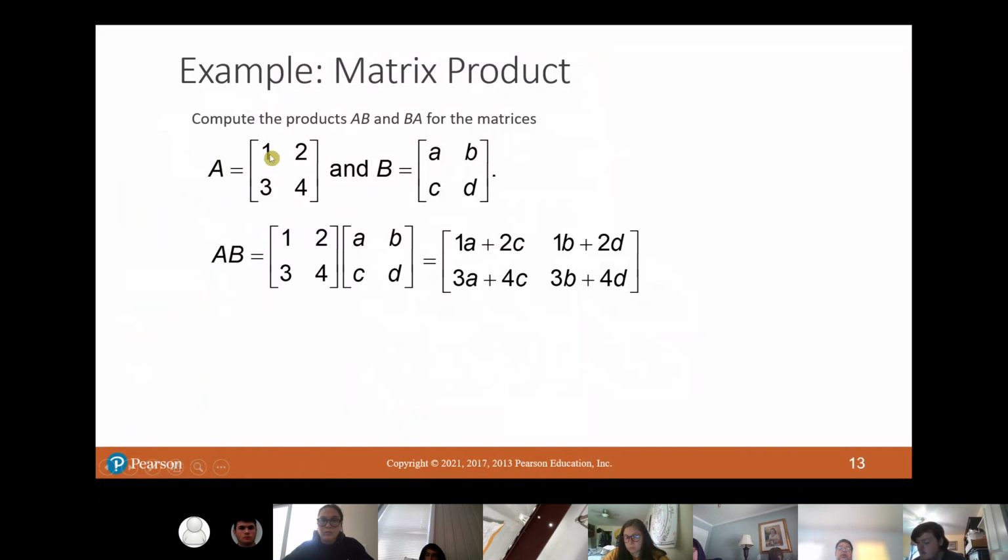And you see the row goes with the column. Row, column. Row, column. Row, column, row, column. So go ahead and write that one down.